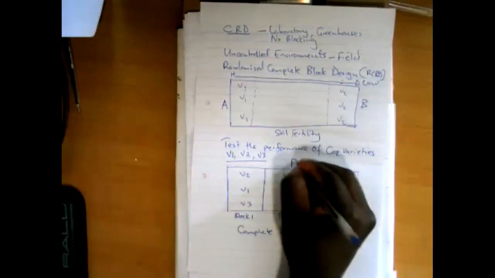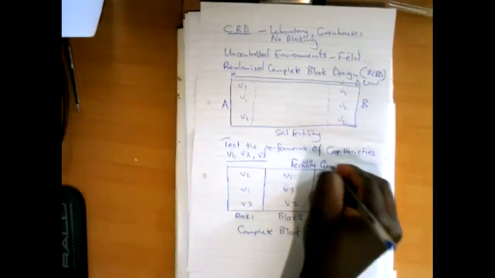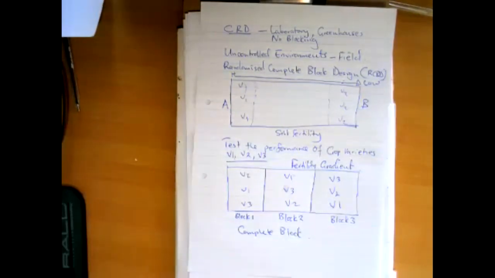We have excluded the fertility gradient because each variety is being subjected to almost similar conditions. Ladies and gentlemen, this is what we then call randomized complete block design.